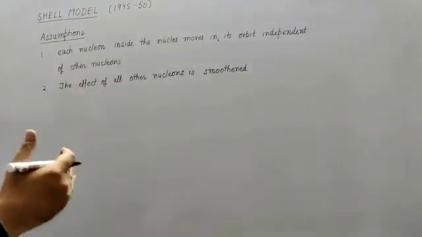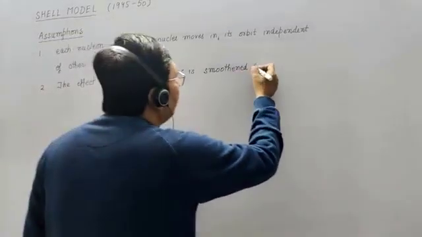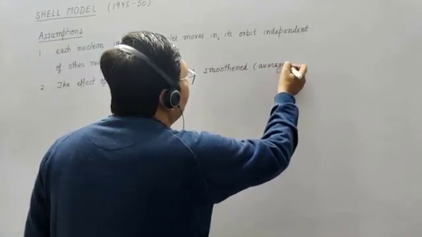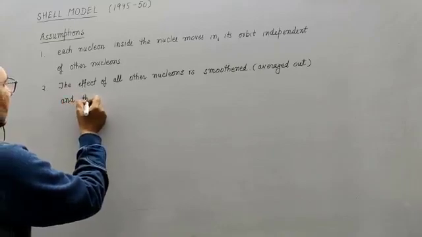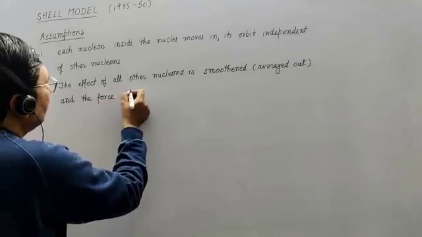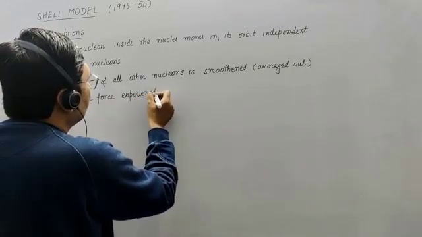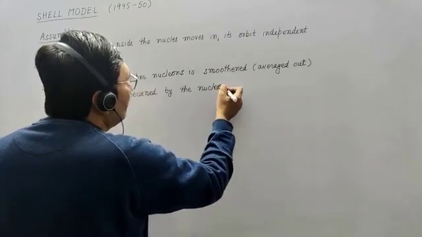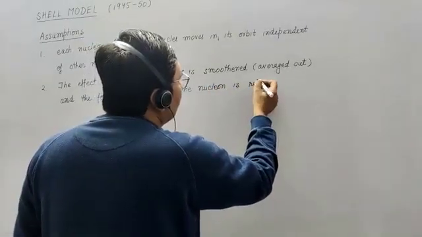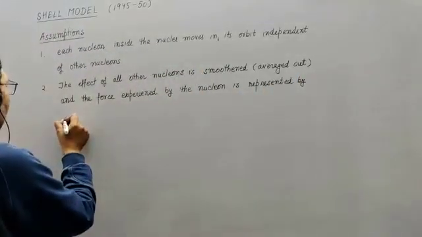The meaning of this is that the interaction between this nucleon and other nucleons, as well as the interaction between the other nucleons, is smoothened, or averaged out, and the force experienced by the nucleon is represented by a potential well.